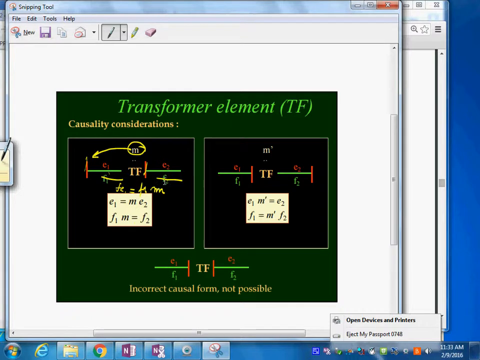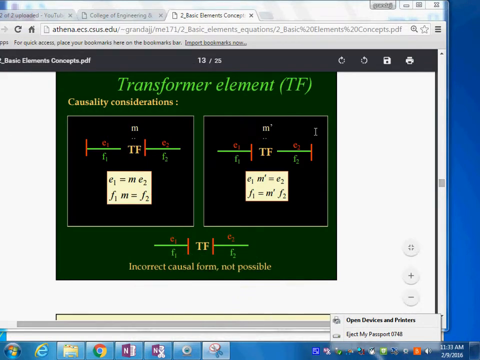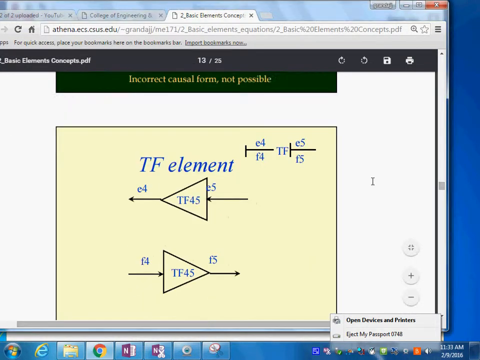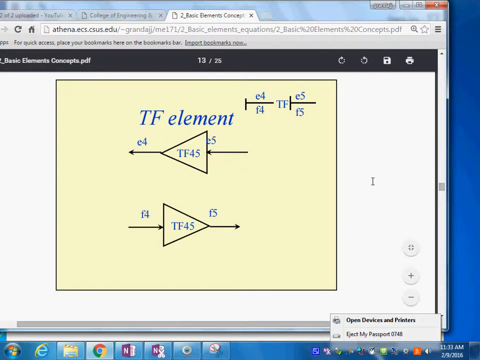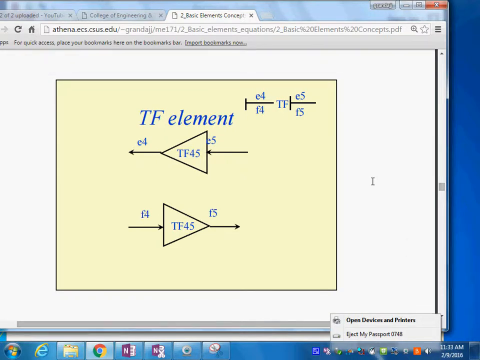So let's take a look here. We could just do it with a blue pen.